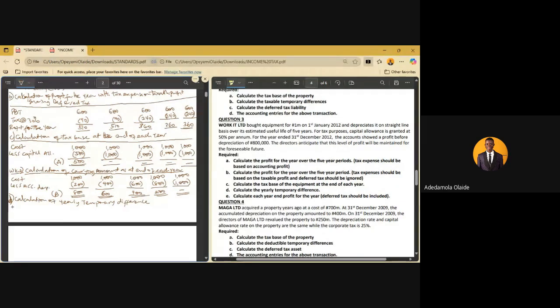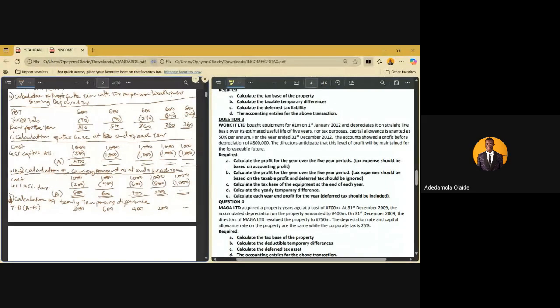The temporary difference, which is still D, will be B minus A, because carrying amount is higher than tax base. So that will give us 300 in year 1, 600 in year 2, 400 in year 3, 200 in year 4, 0 in year 5.